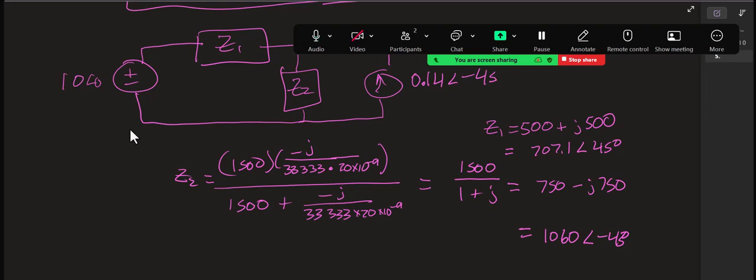We don't want to do that, because we could change the current source to a voltage source, but then we're transforming Z2. And we're supposed to be finding the voltage across Z2. You never want to transform the thing that you're looking at. So that only leaves us another thing to transform, which is the other side.